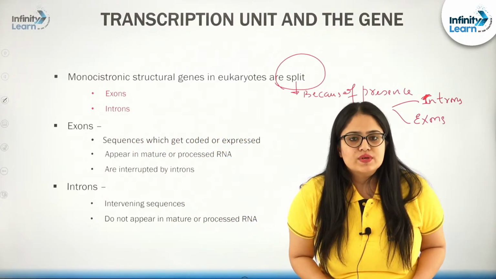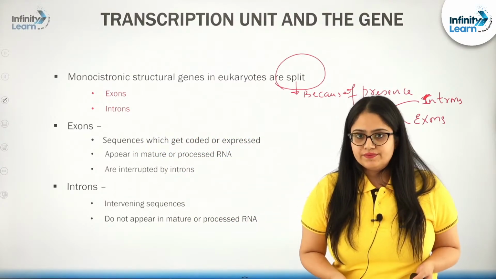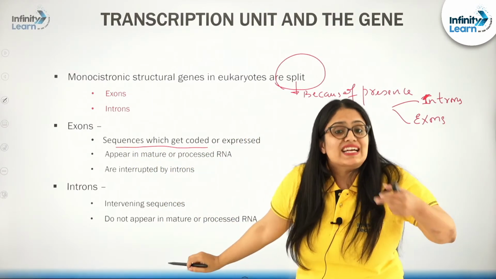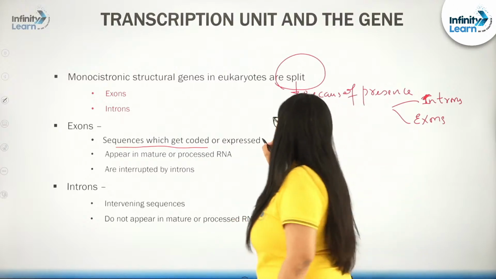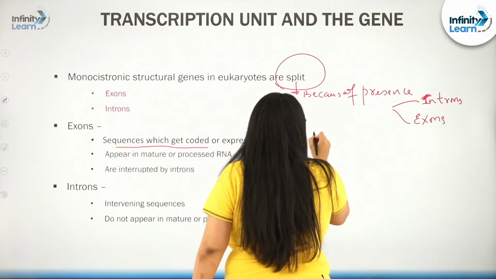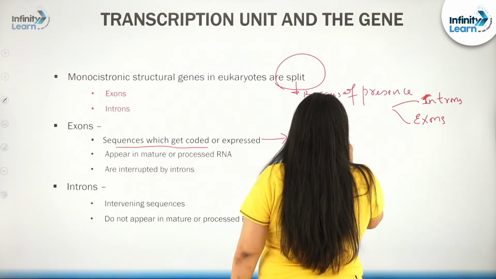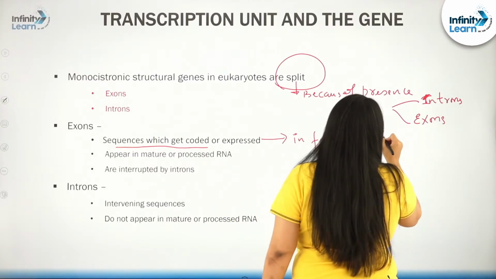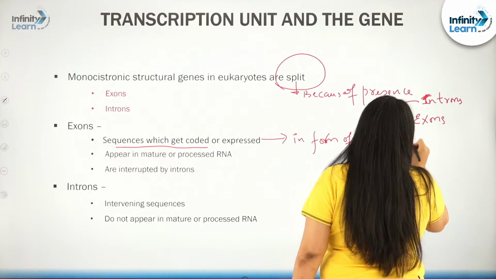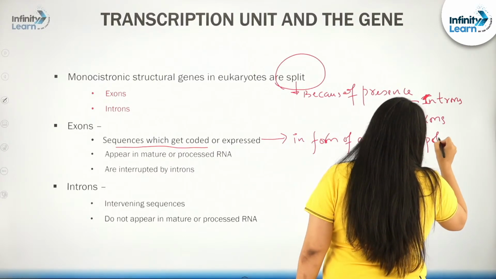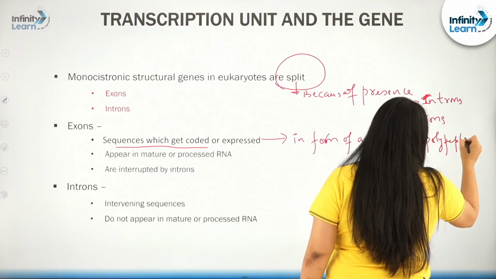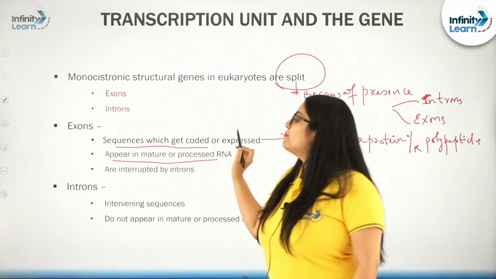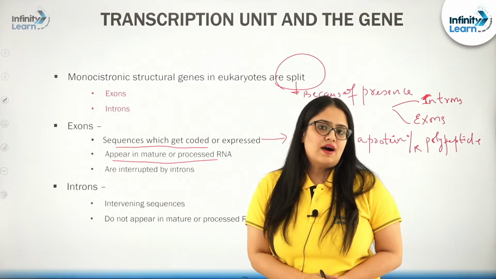Exons are the sequences that actually get coded, right? Exons are the sequences which get coded or expressed in form of a protein or polypeptide, and they will appear in a mature or a processed RNA, right?